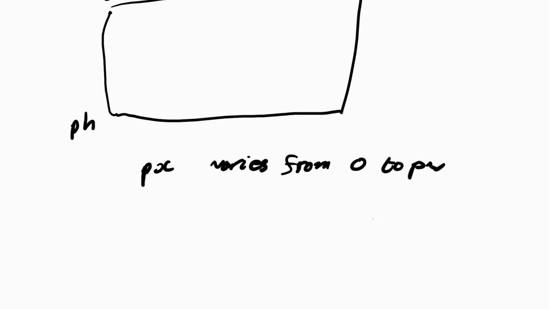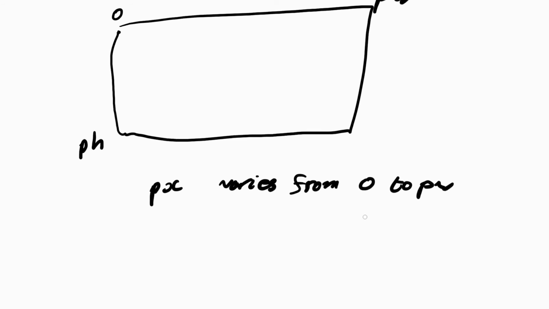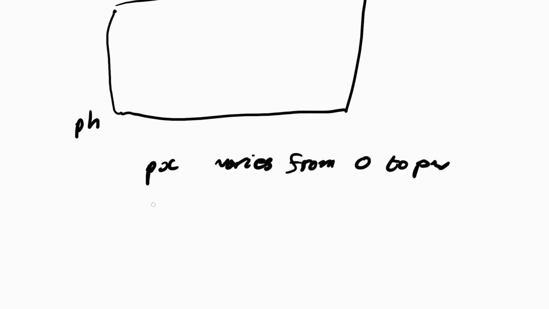So first let's get it to vary from 0 to 2. Now the reason we do this is because the difference between the smallest and the biggest possible values in our target range is 2, from -1 to 1. So if we can get this varying from 0 to 2, then all we need to do is offset it a little. So to do that, we want to take twice px and divide it by pw. And this value here varies from 0 to 2.